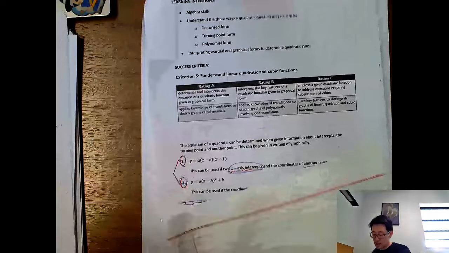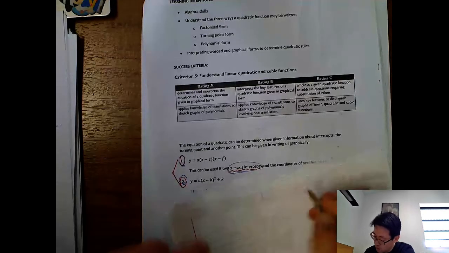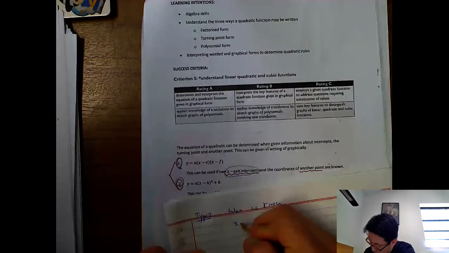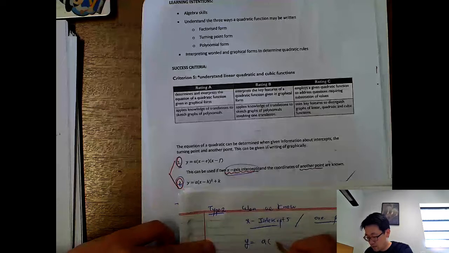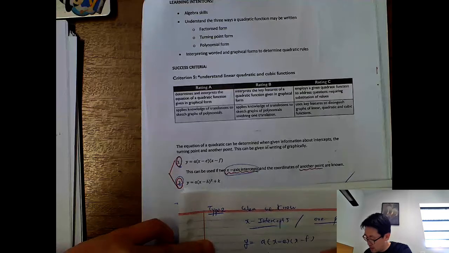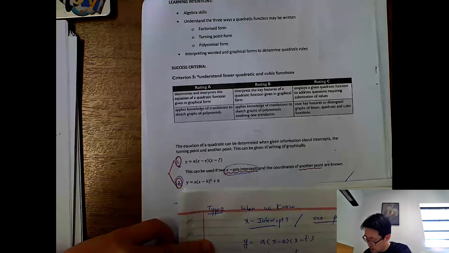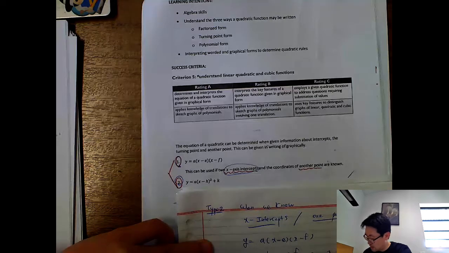In that case, type 2, when we know the x-intercepts and 1 point, we can use y equals a, x minus e, x minus f, where e and f are the x-intercepts.